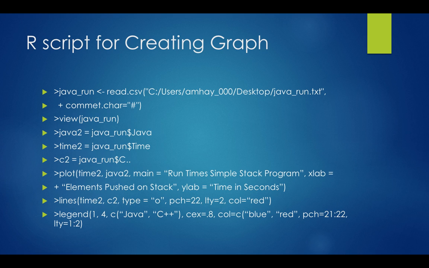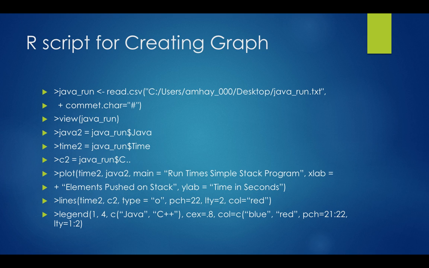In this slide, you can see the R script for creating the graphs that will be shown in later slides. The graph was created by importing a text file with the data.